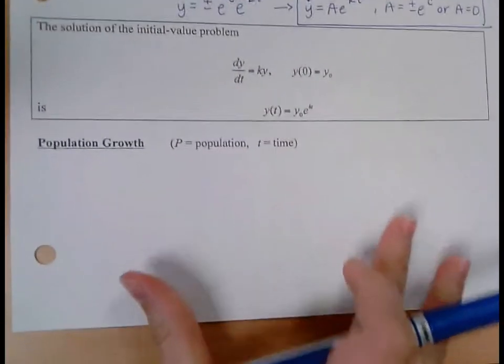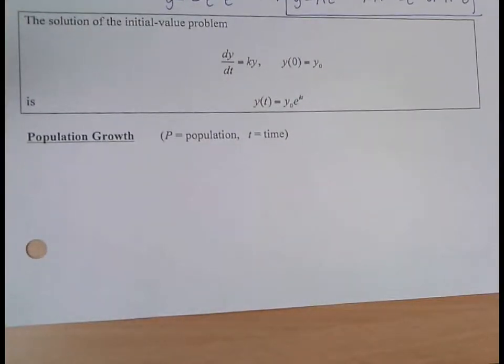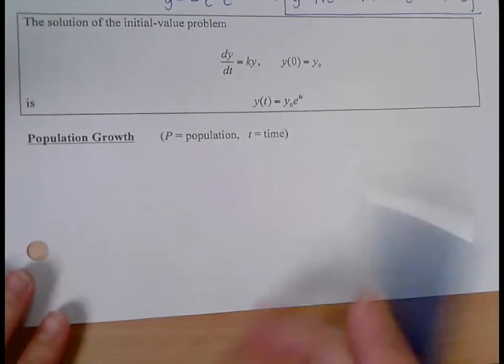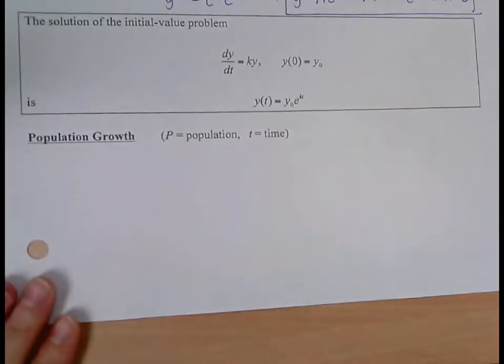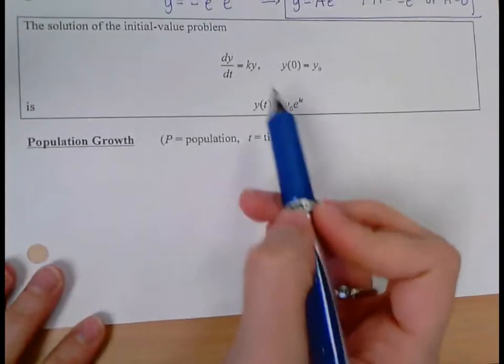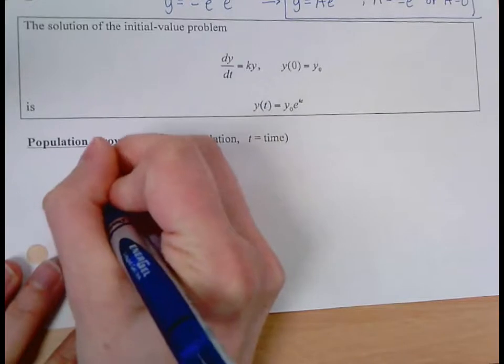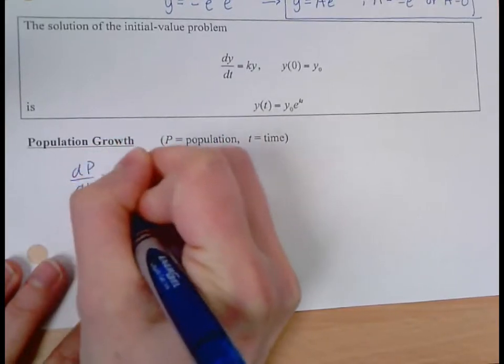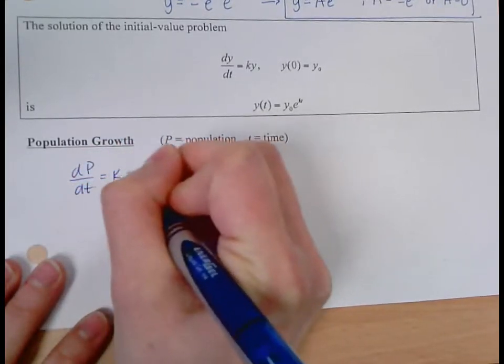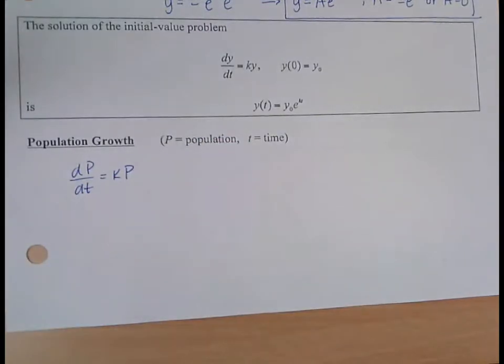So putting this into a specific population growth example, if we let P be population and t be time, I'm just going to rewrite what we have here. So our differential equation would look like this: dP/dt equals k times P. This is what we had actually set up when we started 7.1.